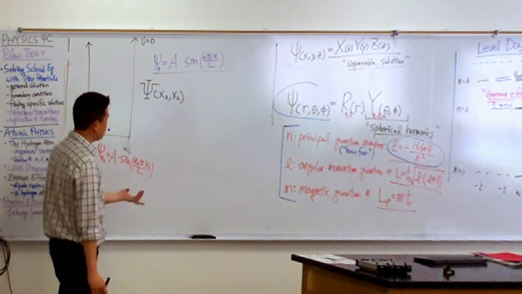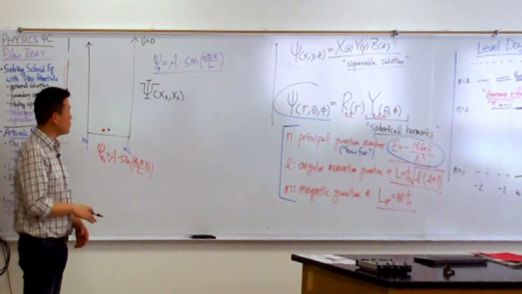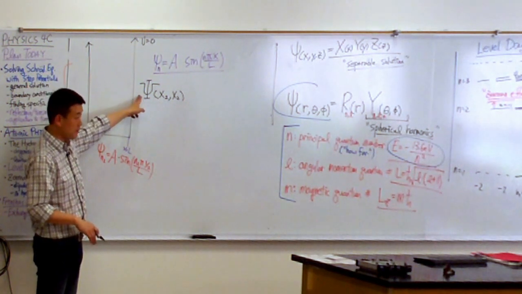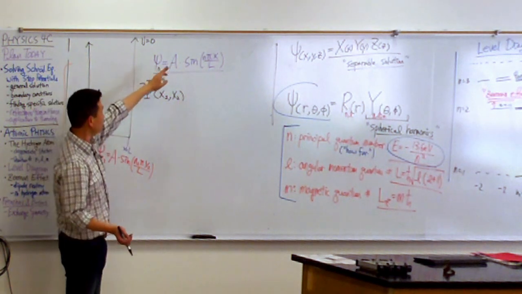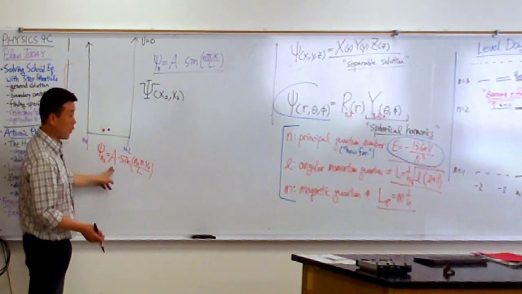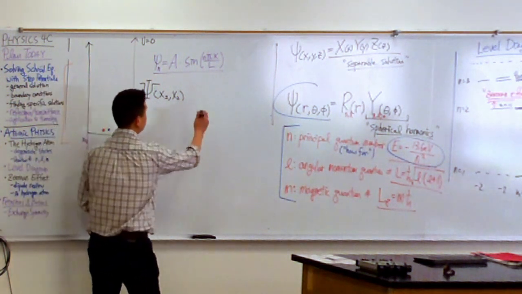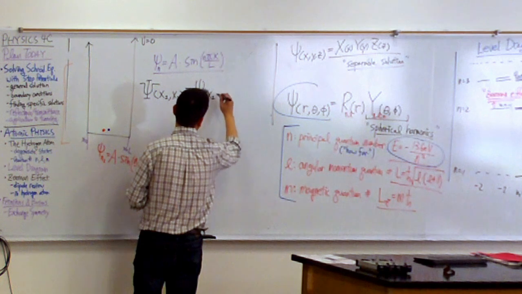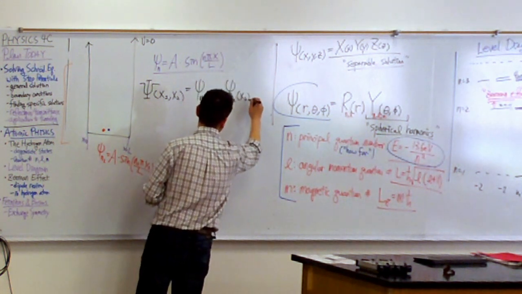And this is something that you wouldn't know the intuitive answer to. The mathematical procedure for describing a multi-particle system is actually quite simple. It's taking these individual particle wave functions and you just multiply them together. This is simply equal to psi n1 of x1 times psi n2 of x2. That's it.